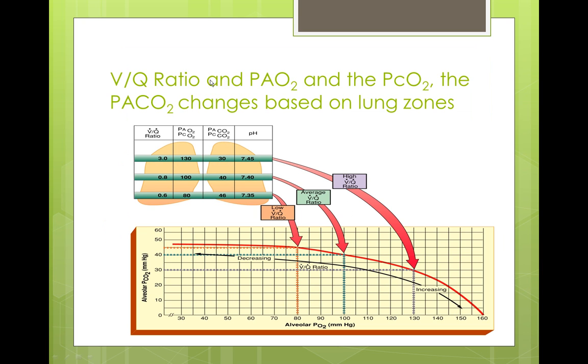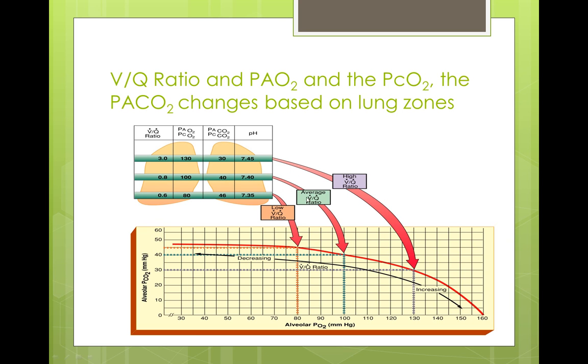All right, ventilation and ratio, alveolar oxygen and capillary oxygen. The CO2 changes based on lung zone. So again, we have the upper, which is zone 1, middle, zone 2, and then zone 3, which is the lower. Low VQ, remember, in the bottom, and high VQ in the top, and average in the middle.